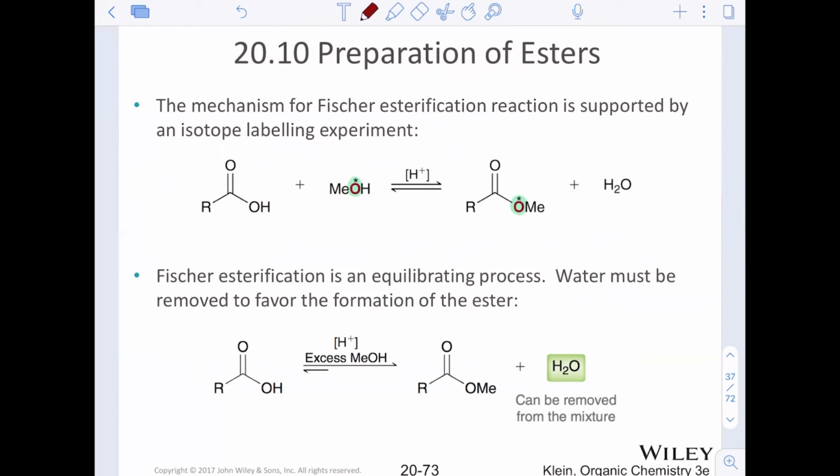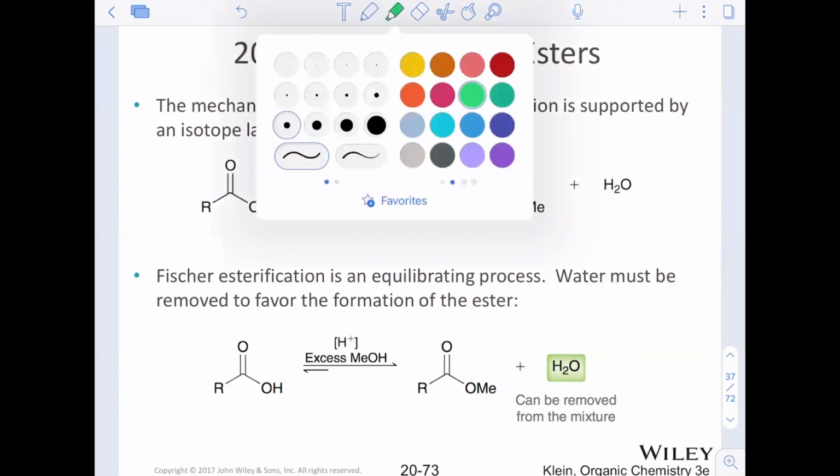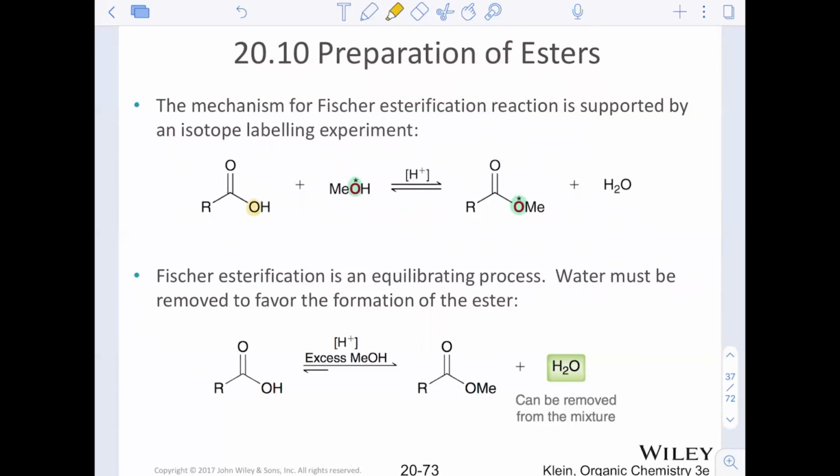Because the oxygen is incorporated into the ester structure, that's how we have been able to prove this mechanism, and that water was kicked out, not keeping the same oxygen. This oxygen right here becomes this oxygen right here.